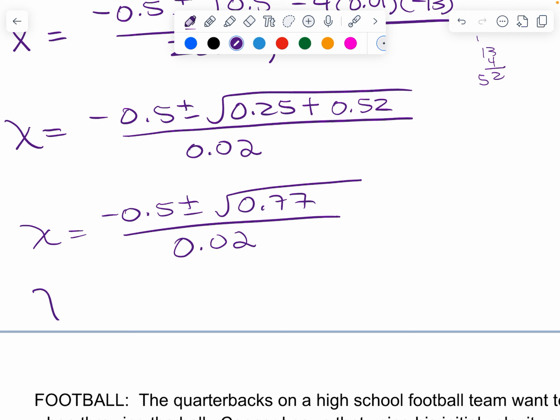And you get, oh, this should be t. That's the variable that we should have. So that's 413.75-ish.